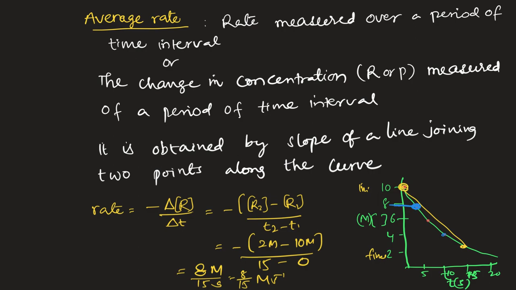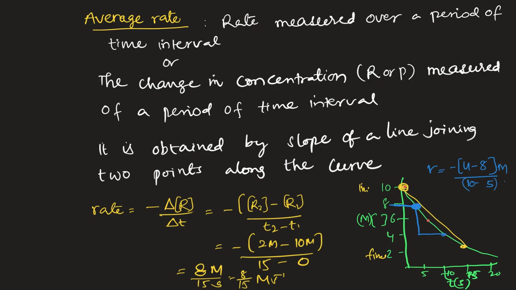Now if you take the slope like this, then the average rate is equal to minus 4 minus 8 divided by, at 8 the time is 5 seconds, and at 4 nearly 10.